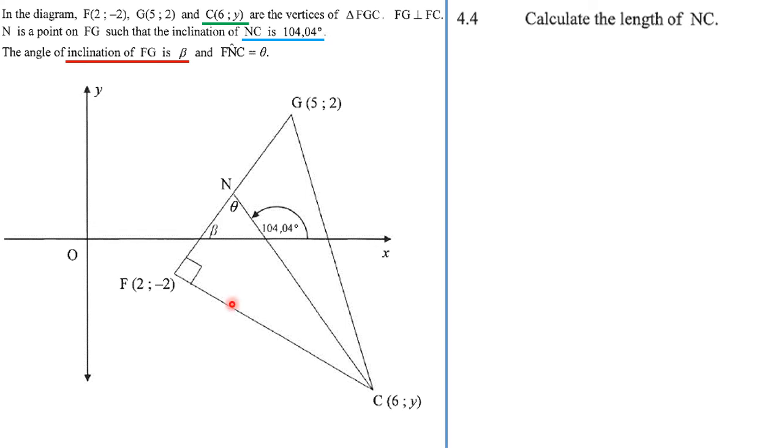The length of NC. Immediately when you see the word length, you remember this is the distance between these 2 points, the distance between N and C. How many marks? You have 4 marks.